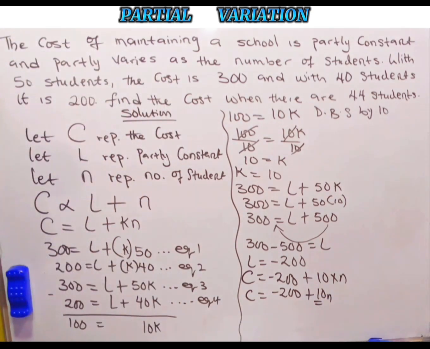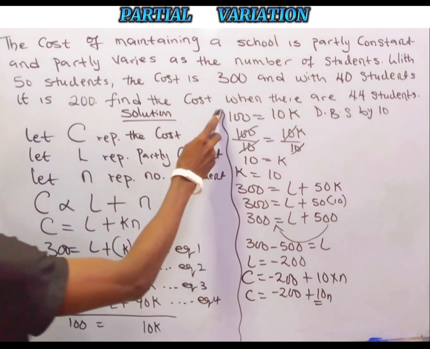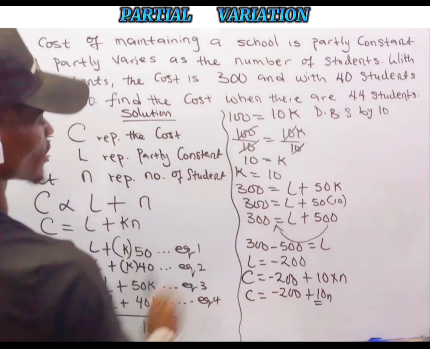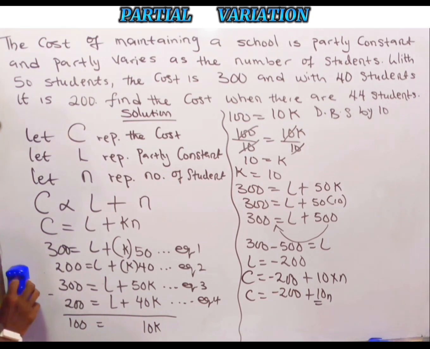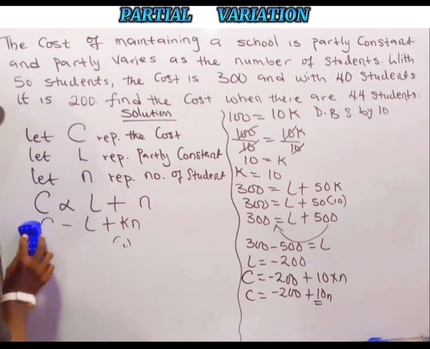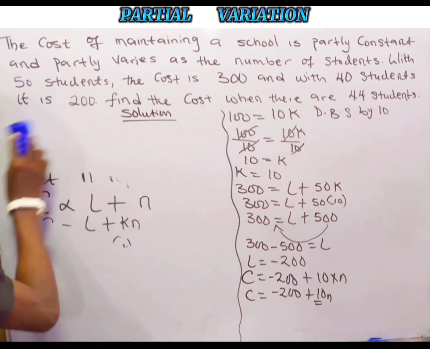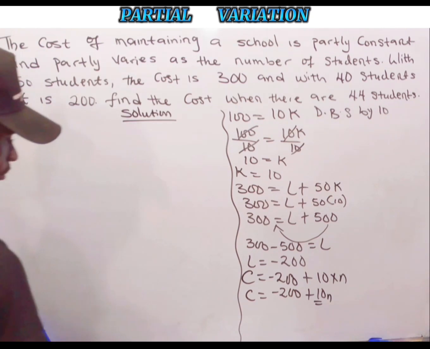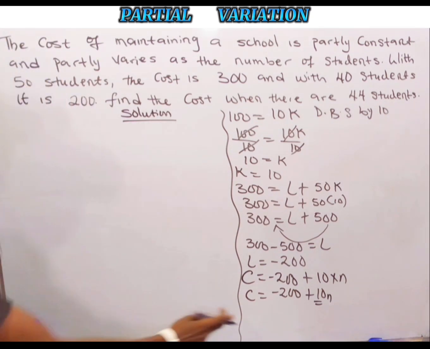This is the relationship between C and N. So the question is, find the cost when there are 44 students.